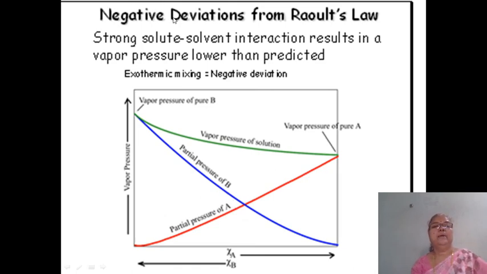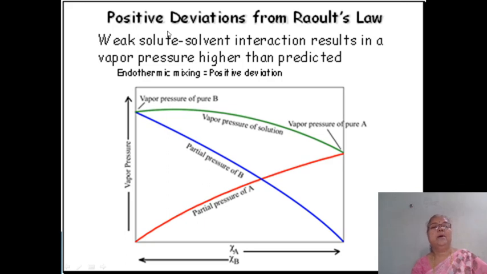Then the negative deviation and positive deviation from Raoult's law. As we have already seen, the real solutions deviate from the ideal behavior when the curve is below the straight line. Here all these curves are below, and this is the negative deviation, and this is a positive deviation from Raoult's law.